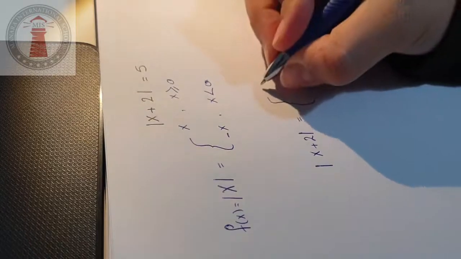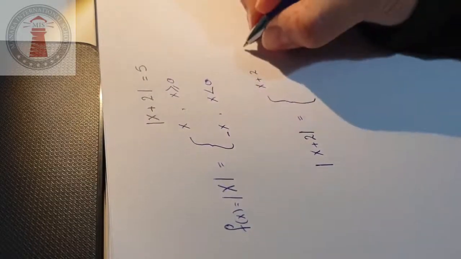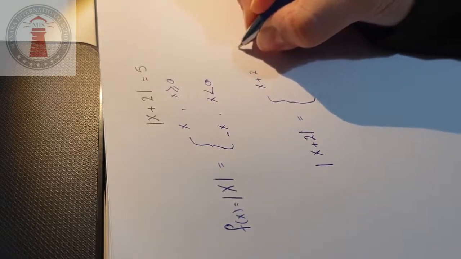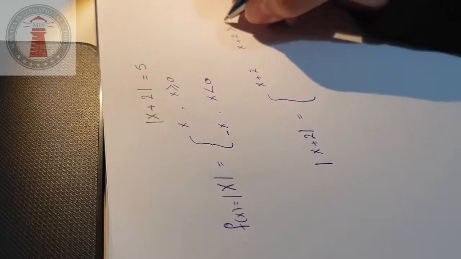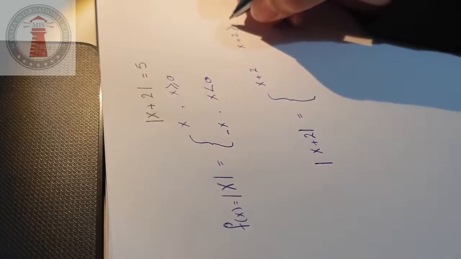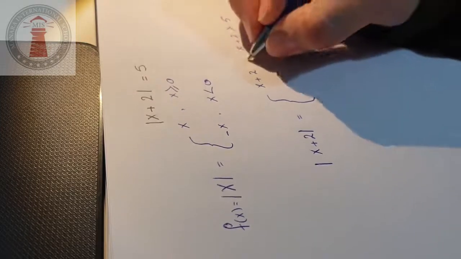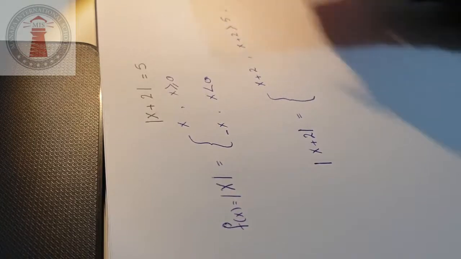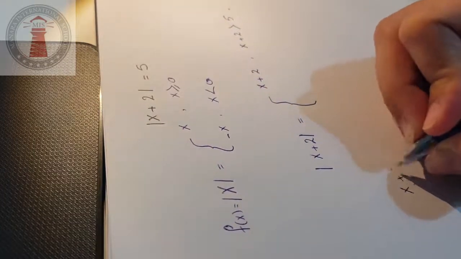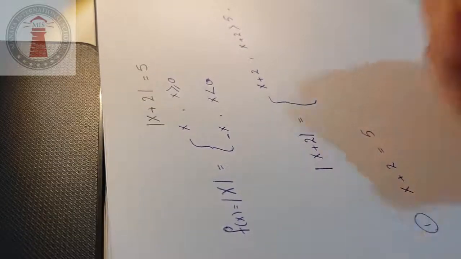Case number one is x plus 2, if x plus 2 is greater than 0, which means 5 is positive, we can just write it as plus 5. So here I'm going to write x plus 2 is equal to 5. That's case number one.